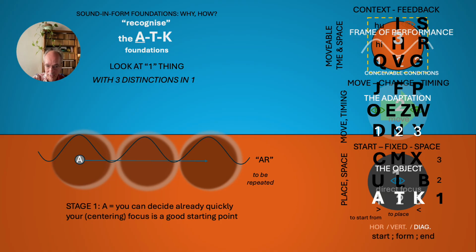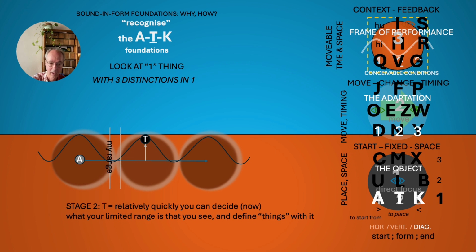I will repeat it, and I can use it as a repetition. Stage 2 is that once you start to repeat it, you also have a form of adaptation. You also saw some differences, whatever differences these were. You see already the background. I have a certain distance.